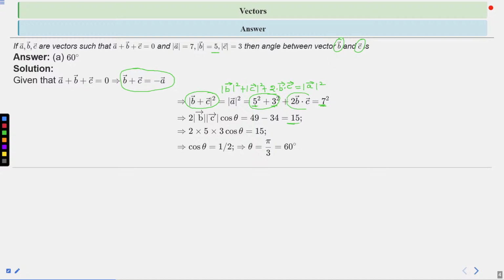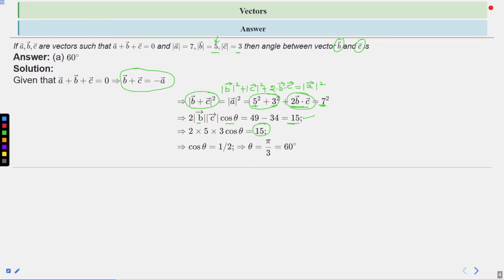The remaining term is 2 into B dot C, which resolves to 2 into mod of B vector, mod of C vector, cos theta. So 2 into 5 into 3 into cos theta is equal to 15.